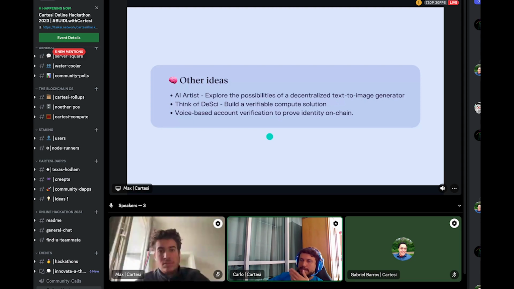And this idea would be similar, but instead of using pictures, you could use voice-based verification. And you could do a dynamic thing. You generate a random sentence, you ask the person to say it, and if it matches whatever you generated, and you recognize the person, you grant her access to transfer the assets from one key to another one, because they lost access and they want to recover their account.